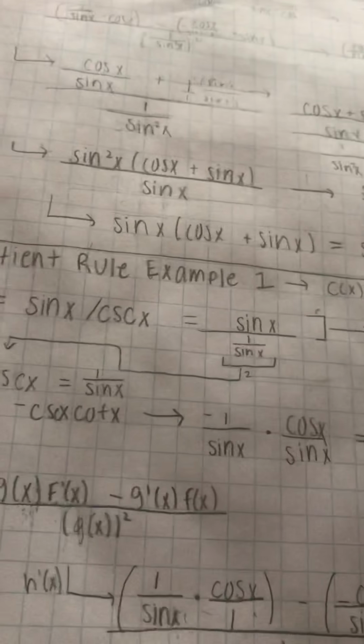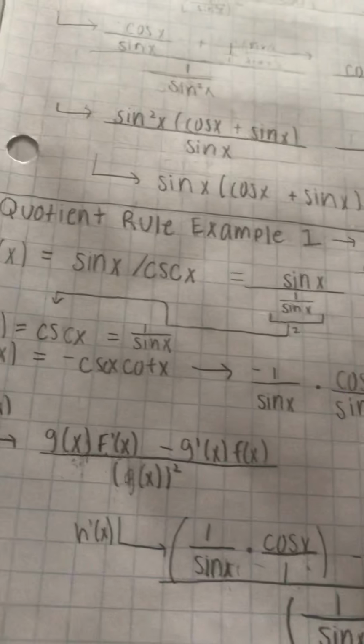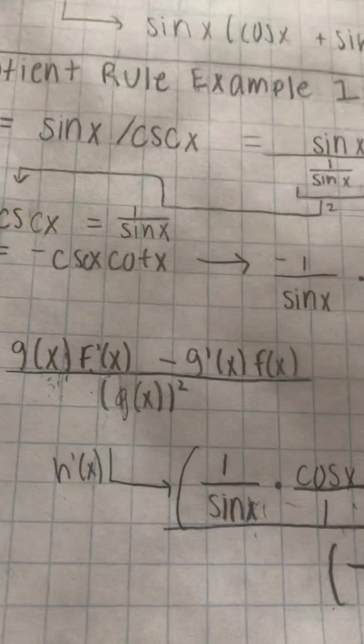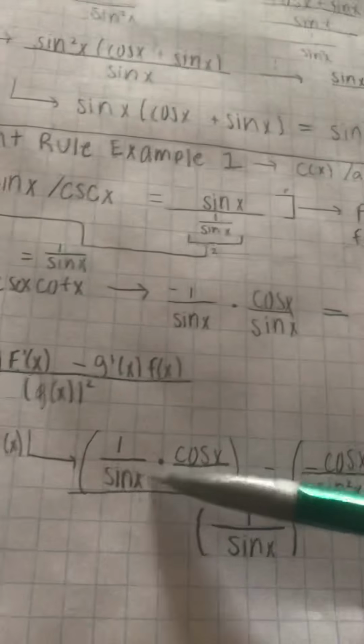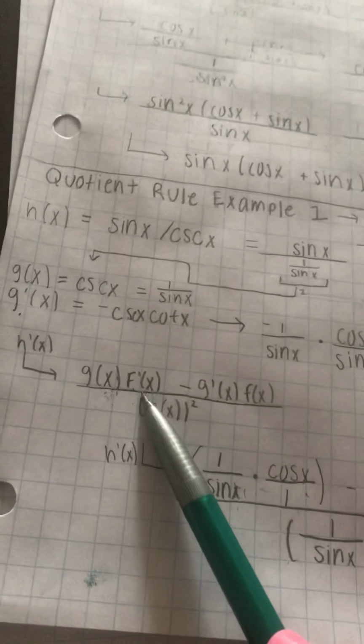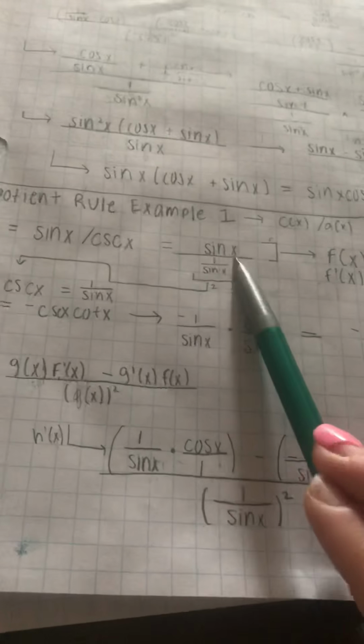So using f of x and f prime x and g of x and g prime x, I can actually plug it into the quotient rule equation that we have right here. I have it written out in the order that I actually plugged everything in, because sometimes I switch it up. But the first is g of x, which is 1 over sine x, so I have it right here, and then f prime x, which is equal to cosine x, because it's the derivative of the top.